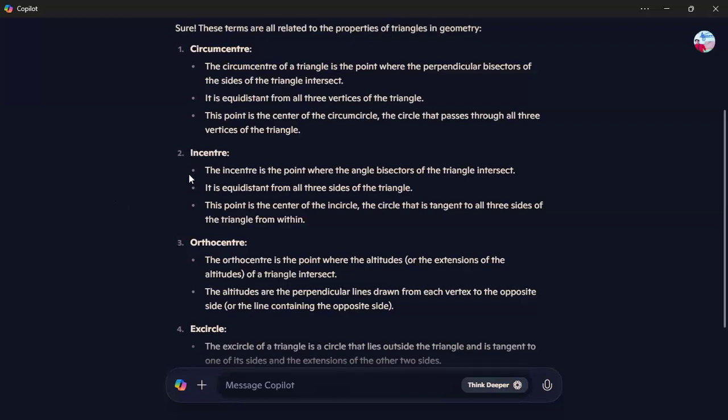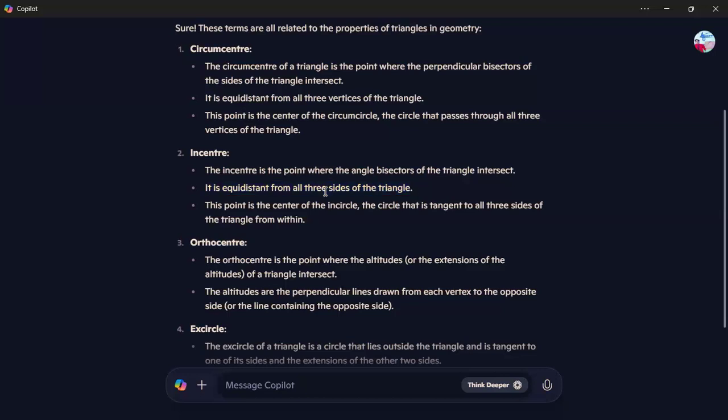So the in center is the point where the angle bisectors of the triangle intersect. These are conditions that the angle bisectors of the triangle will be intersecting there, and that will be known as in center. It is equidistant from all three sides of the triangle.